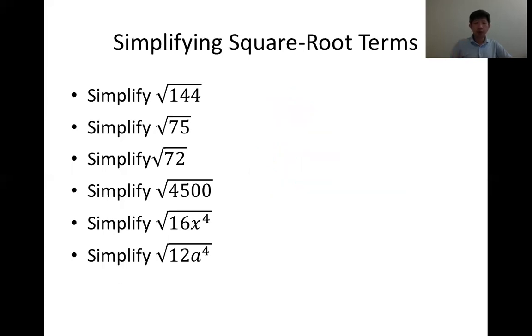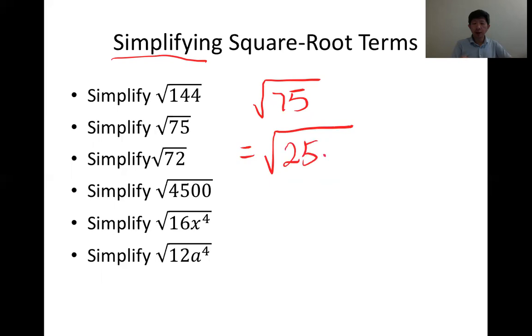Simplify the square root of 75. All right, so now here, for this problem, square root of 75, I cannot find a whole number, so we want to simplify. I will break it down since 75 is 25 times 3, right? Now here, 25 actually is 5 squared, and times 3, right?